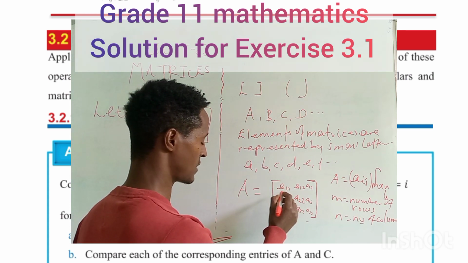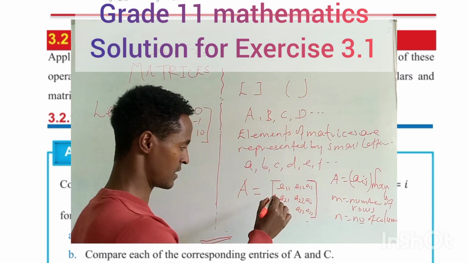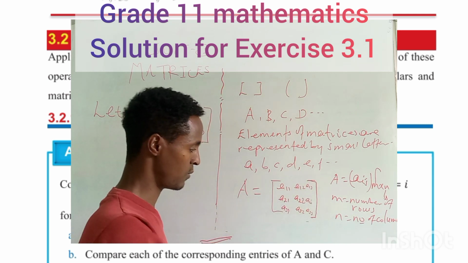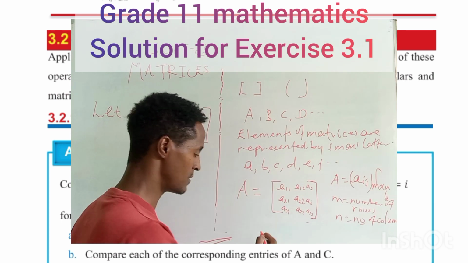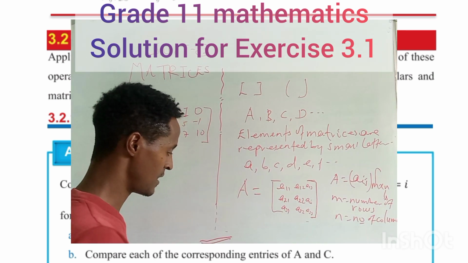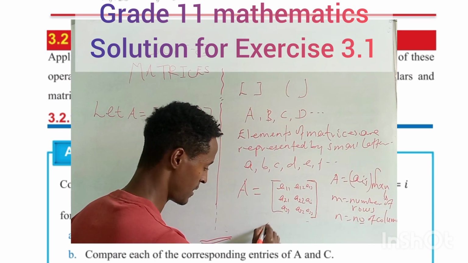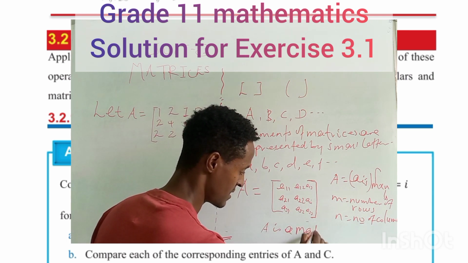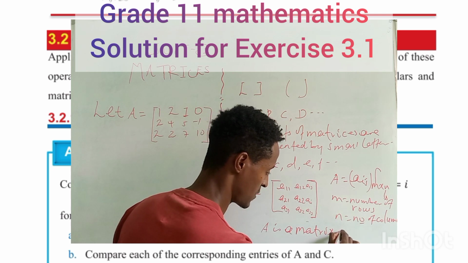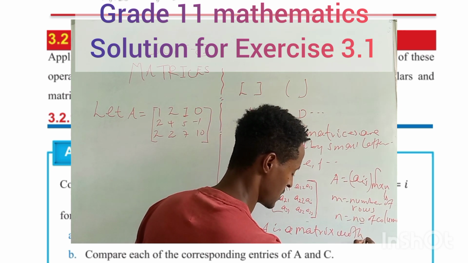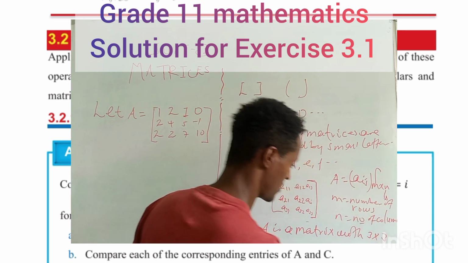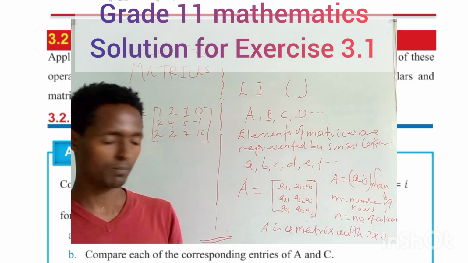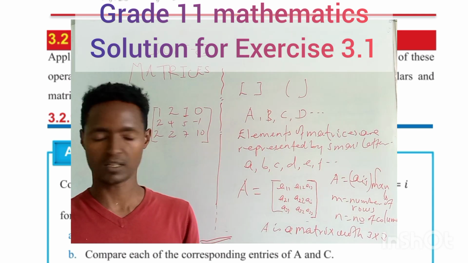Therefore, how many rows are there here? We have 3 rows. And how many columns are here? We have 3 columns. Therefore, this matrix is a 3 by 3 matrix. Therefore, A is a matrix whose order is 3 by 3. And this is said to be a square matrix.